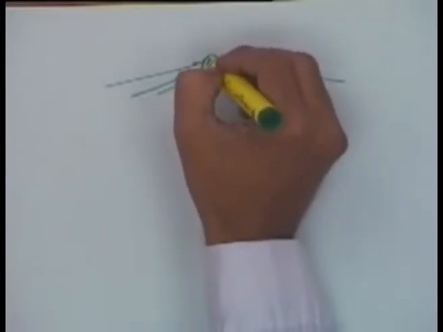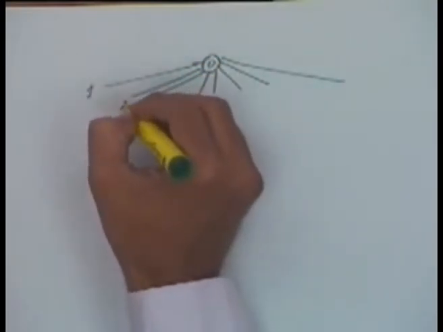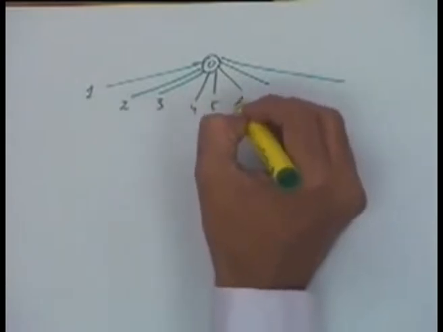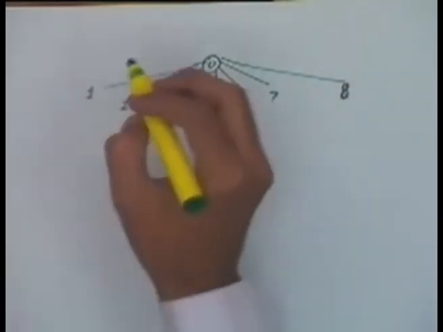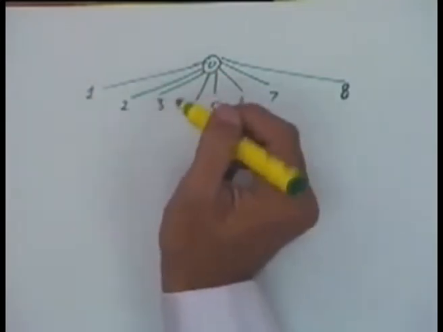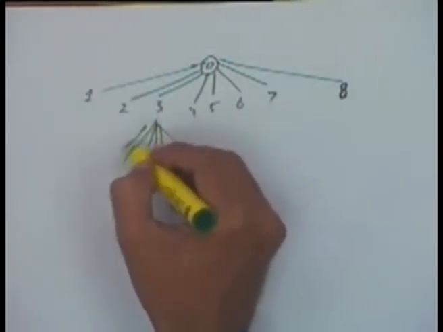If this is my root node 0, it will have 8 children, 1, 2, 3, 4, 6, 7 and 8. And each of these nodes will be either a 0 or a 1, or it will have again 8 children after that.